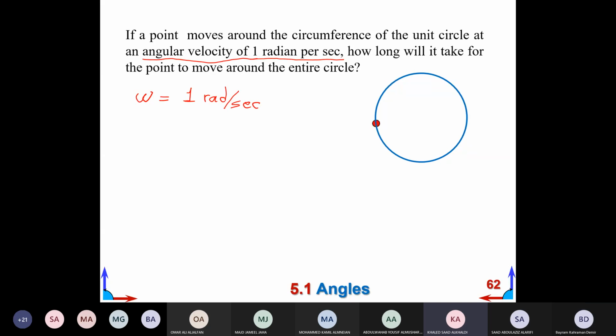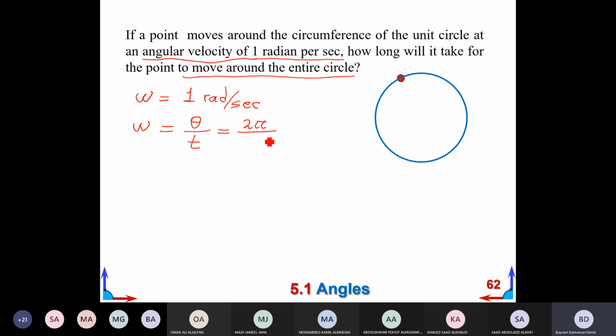Omega is equal to theta over time, right? 1 radian per second equals theta over the time. If you like to rotate 1 time, to move around the circle 1 time, theta is 2 pi, right? 360.